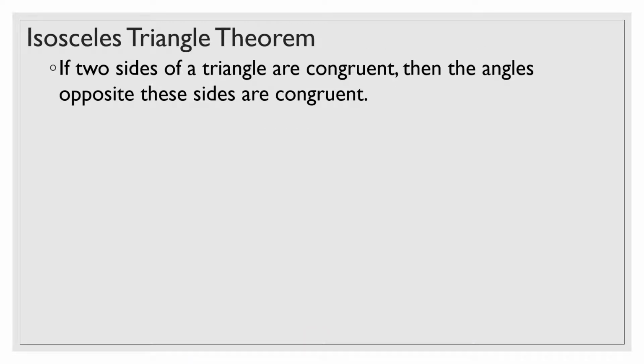Now, let's have Isosceles Triangle Theorem. It states that if two sides of a triangle are congruent, then the angles opposite these sides are congruent. So let's consider triangle ABC. So based on the theorem, the two sides of a triangle are congruent.